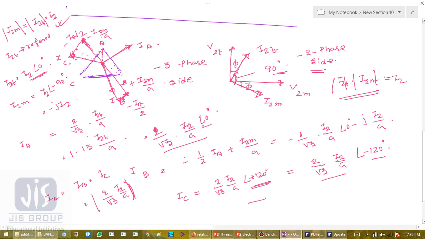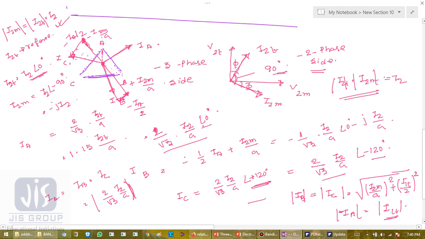Now from this phasor diagram, we can say that mod of IB equals to mod of IC equals to root over of I2M by A whole square plus I1T by 2 whole square, and that is becoming mod of IA equals to mod of I1T. Okay. So this is for balanced load.